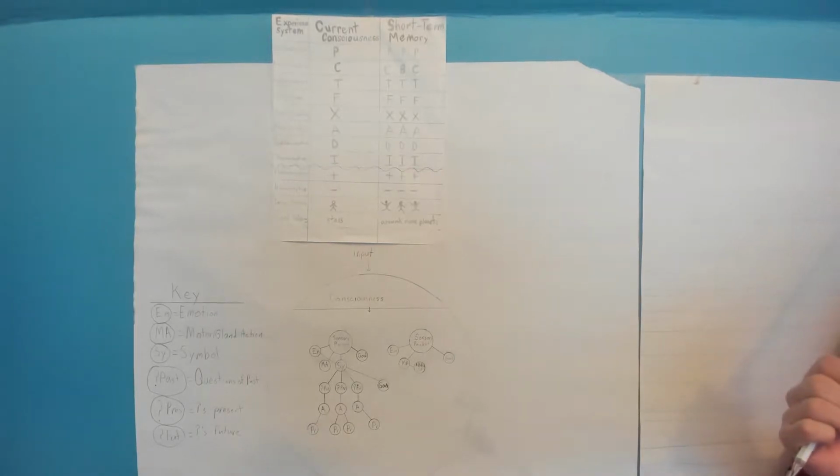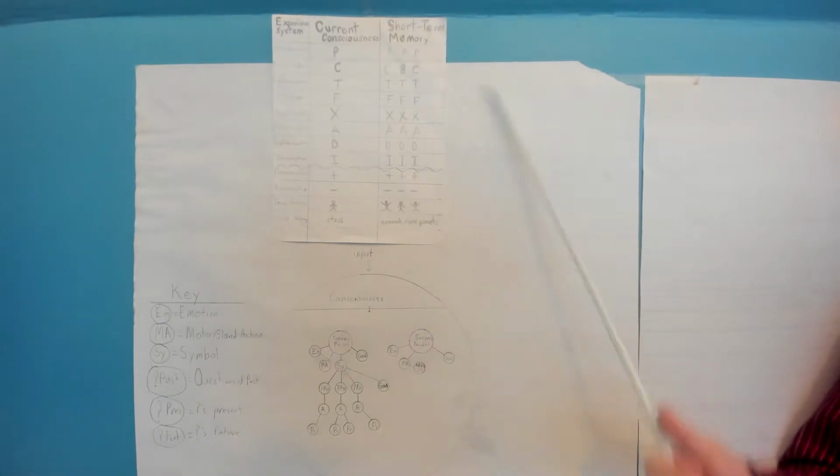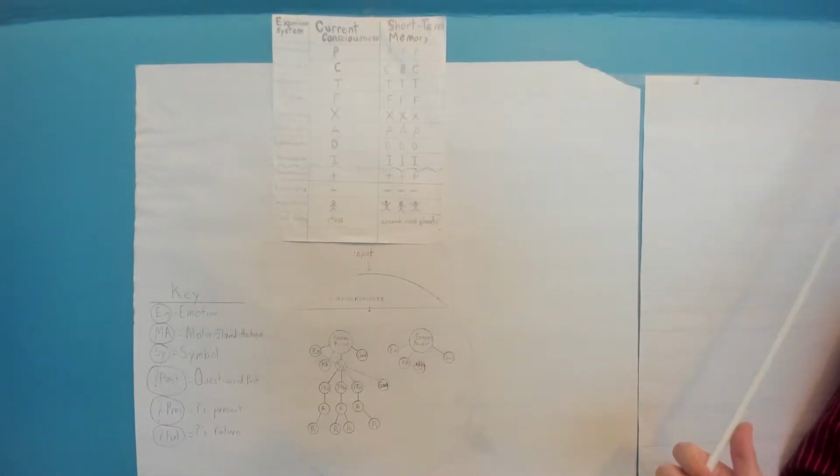So the mind uses this sensory information, or SI, to create memories and retrieve them. While the bottom half of consciousness is caused by retrieving memories.